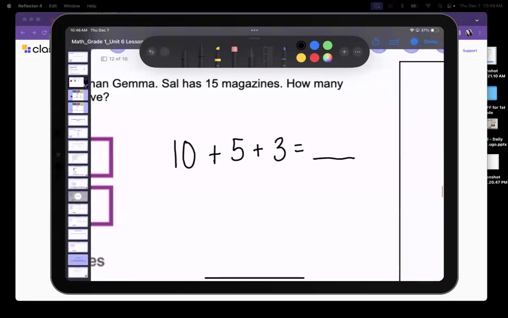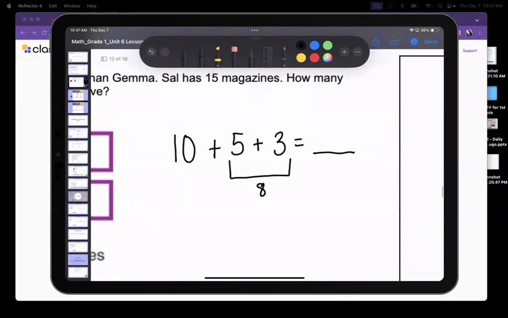How many cookies does she have in all? 10 plus 5 is 15, 16, 17, 18. So you did 5 plus 3, which is 8, and then you bring down the 10, and so 10 plus 8 is 18.